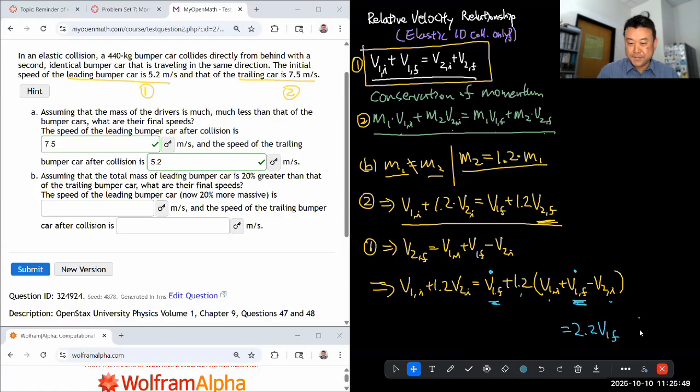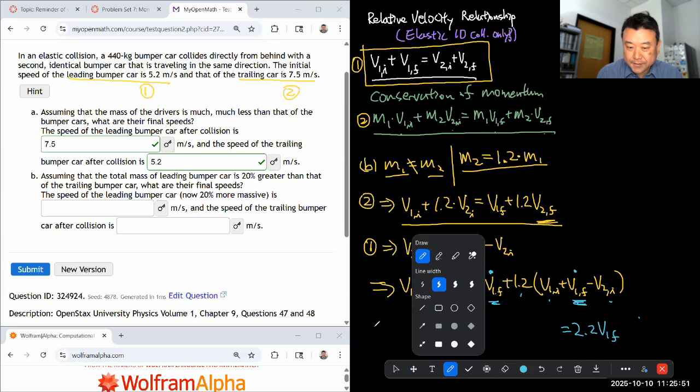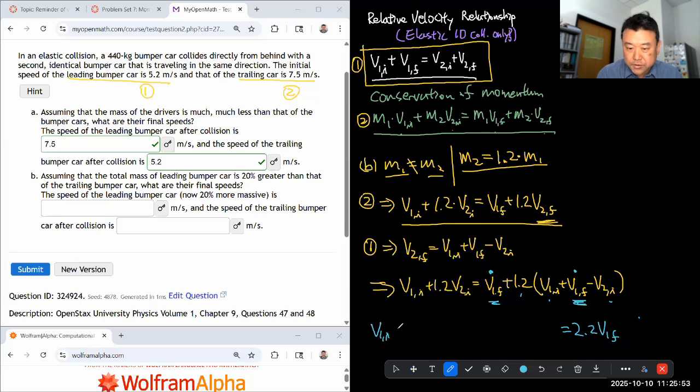I'm making room. So I have v1 initial plus 1.2 v2 initial, and then moving this over carefully, minus 1.2 v1 initial, and then I already took care of that, so this other term, it's going to be plus 1.2 v2 initial.